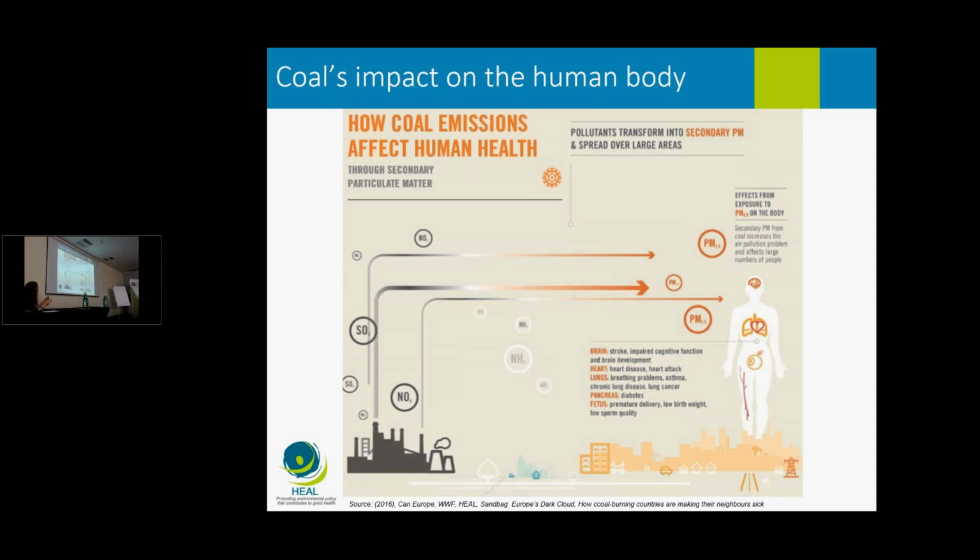And it combines in the air all together, creating something called secondary pollution, which can get into the human body through veins, lungs, any other way, and cause very bad consequences for human health.